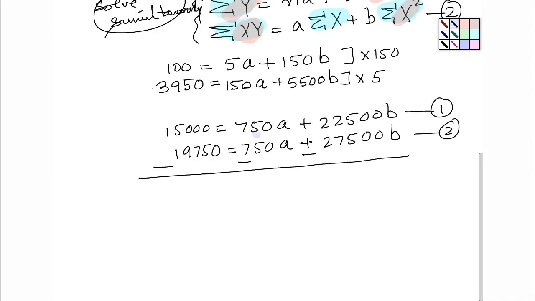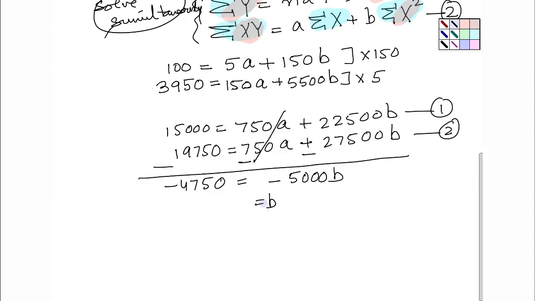And when we add these two equations, 750 minus 750, they are cancelled. 15,000 minus 19750, giving me minus 4750. And here we get minus 5000b.